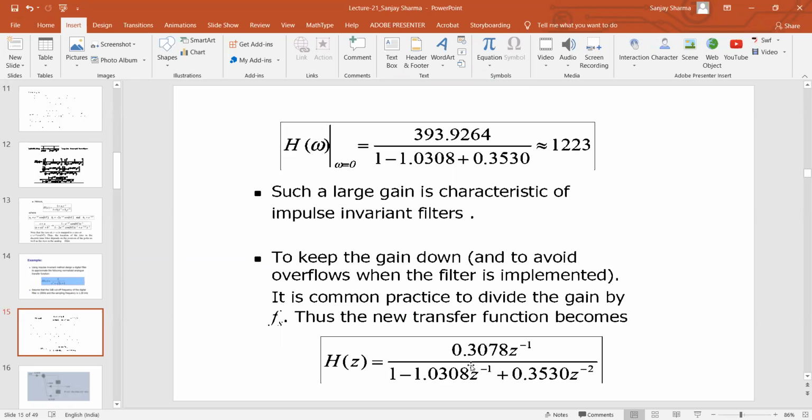So this transfer function is a new transfer function with a small value of DC gain, or you can also say normalized DC gain. Then you can use this transfer function to design your filter. So that is an additional problem handled in the design of the filter.